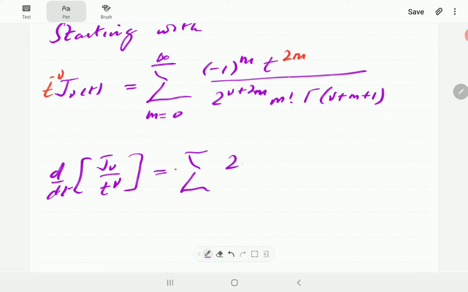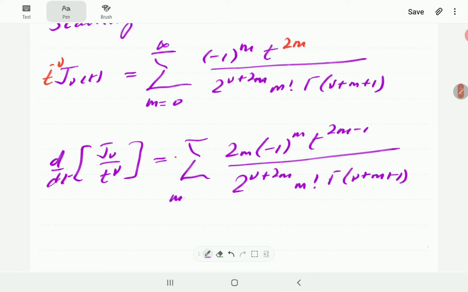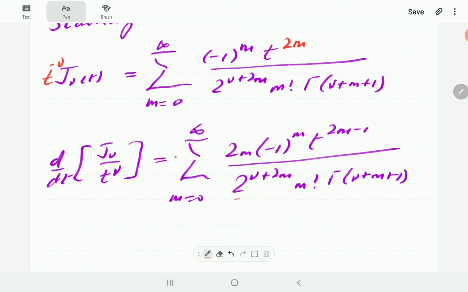So this is going to be 2m negative 1 to the power m t to the power 2m minus 1, all divided by 2 to the power nu plus 2m m factorial gamma of nu plus m plus 1. Then this 2 is going to divide into this term, so we can just take the 2.